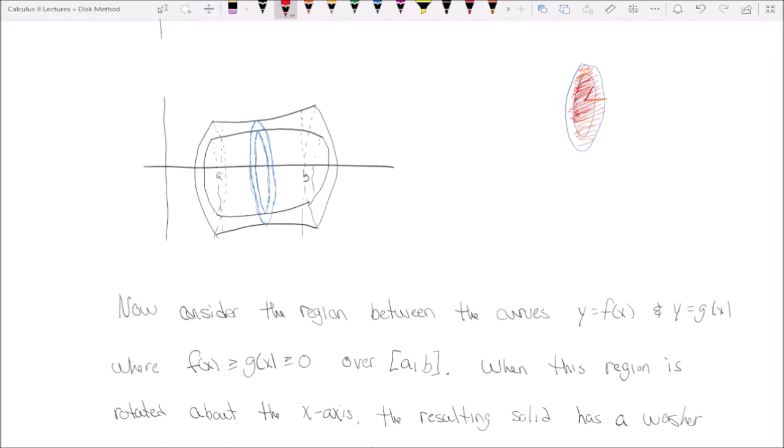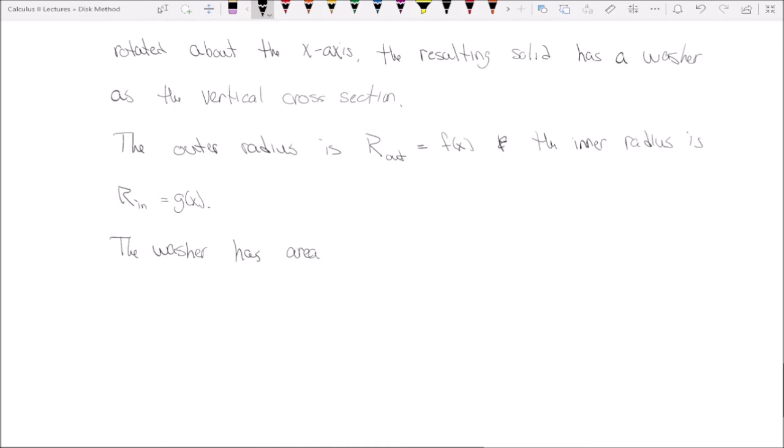It's the area of the outer disk minus the area of the inner disk. So we're going to say A equals pi r outer squared minus pi r inner squared. All right, so factor out pi. R outer is f of x. The inner radius, g of x.